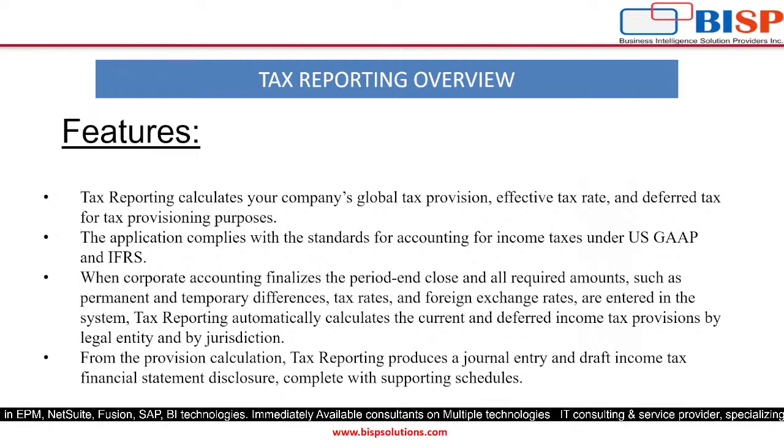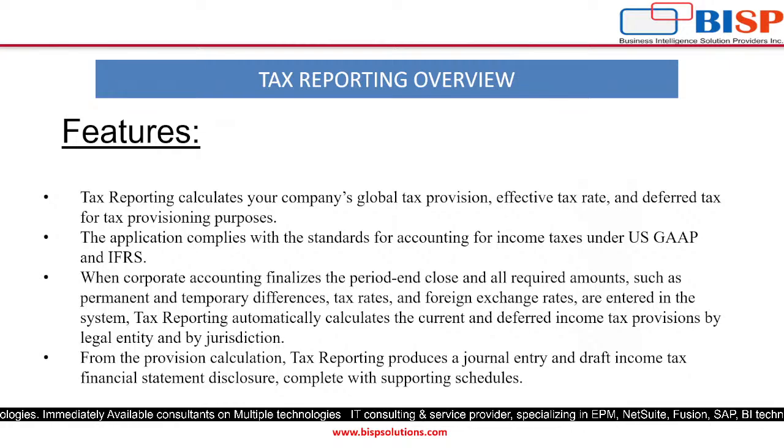So as we discussed, tax reporting calculates the company's global tax provision, effective tax rate and deferred tax. In case an entity is following US GAAP accounting standards or maybe following the IFRS, we can create a provision by taking all the book differences through these particular standards as well. So basically, what is the flow?